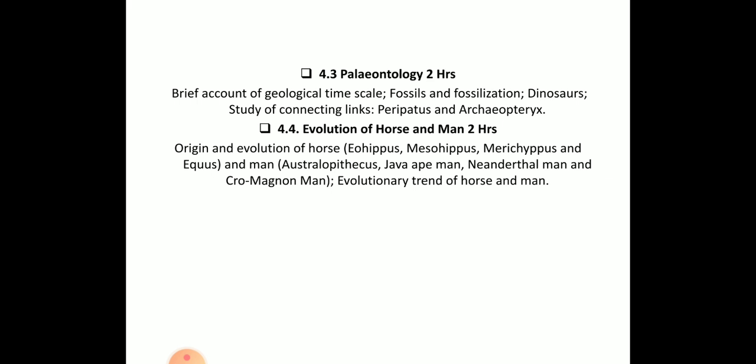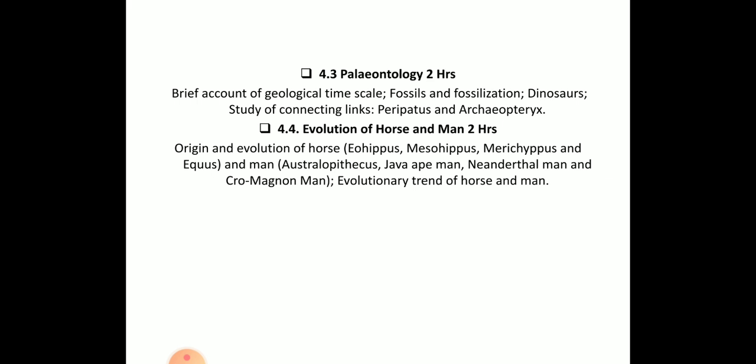And in paleontology you will be studying about fossils, not much, but you need to study the organisms Archaeopteryx and Peripatus. And in the last subunit, evolution of horse and man, you need to know how the horses started to evolve. When they were very short, then slowly they gained weight and height, and now they have become much larger. First horses had fingers, now they have hooves.